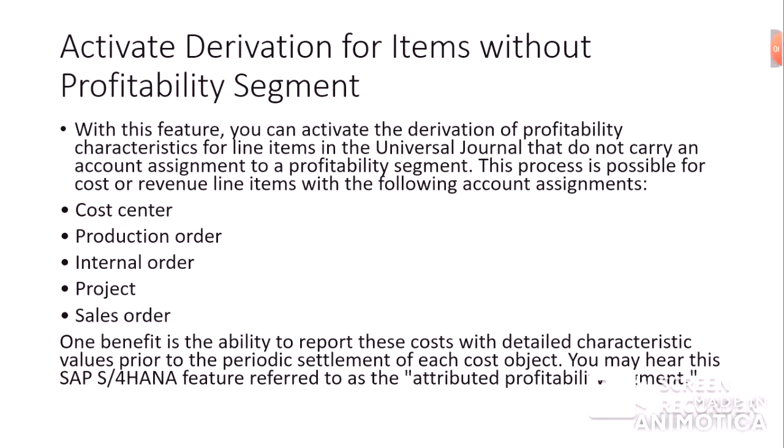One benefit is the ability to report these costs with detailed characteristic values prior to the periodic settlement of each cost object. You may hear this SAP S4HANA feature referred to as the attributed profitability segment.